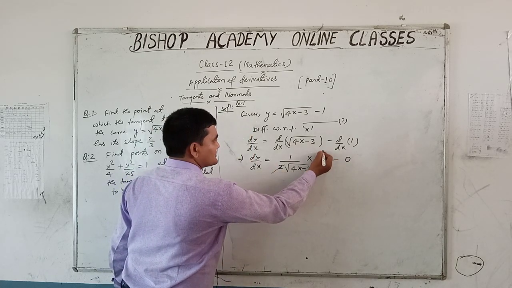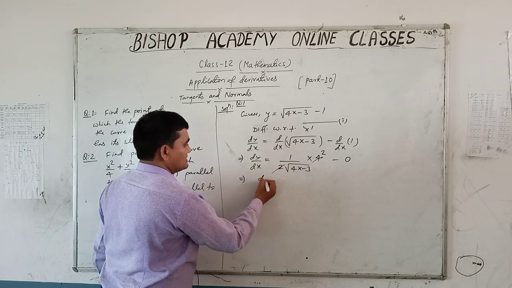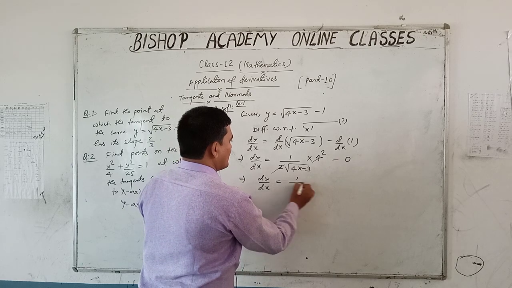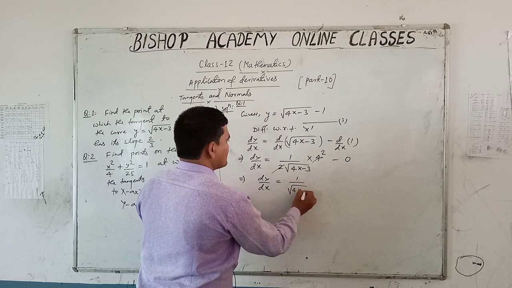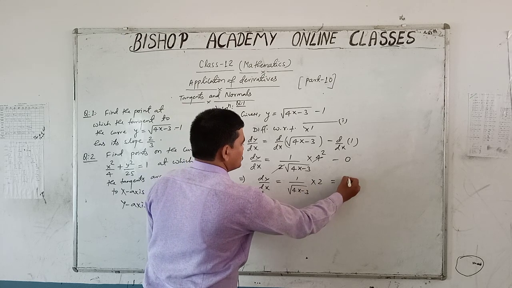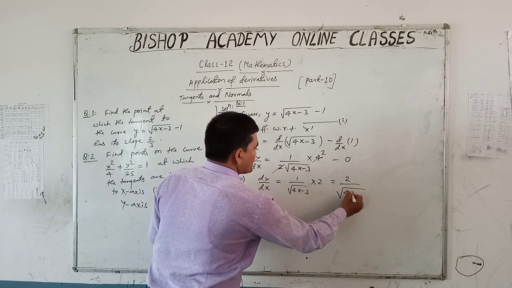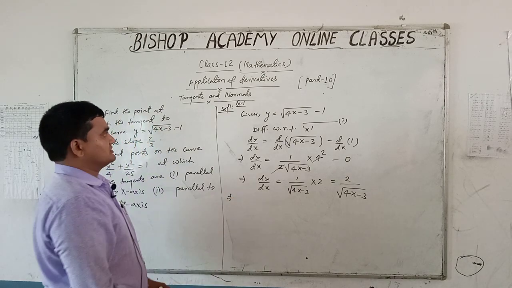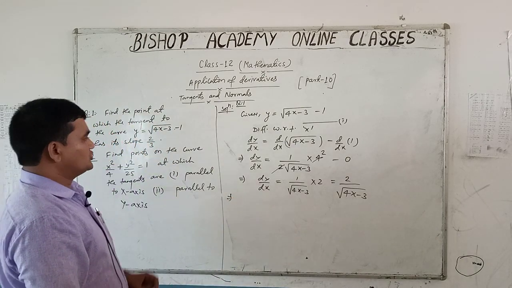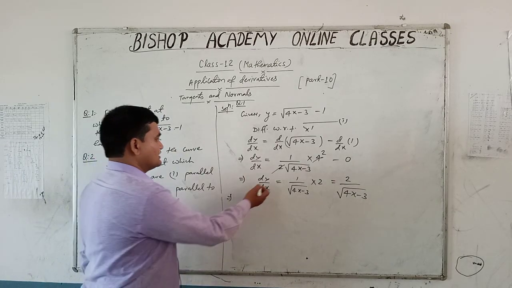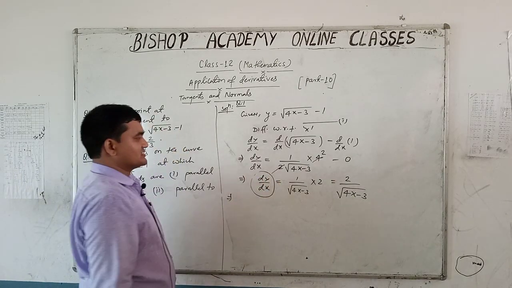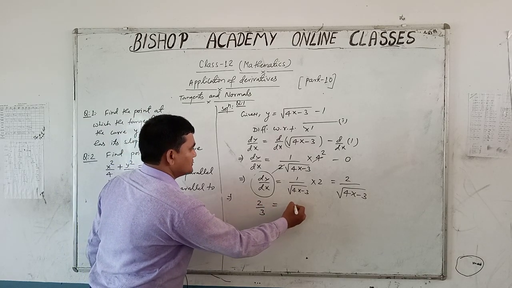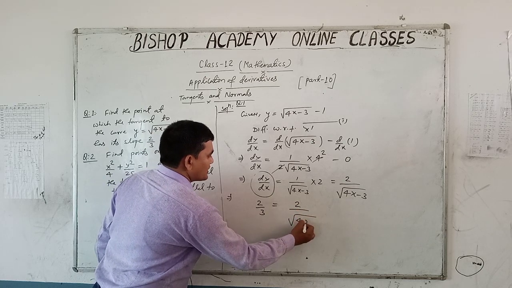The 2 cancels with 4, leaving 2. So dy by dx equals 2 upon root of (4x minus 3). According to the question, the slope is 2 by 3. Here dy by dx represents the slope, so 2 by 3 equals 2 upon root of (4x minus 3).